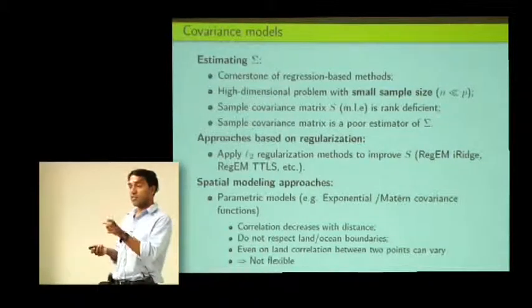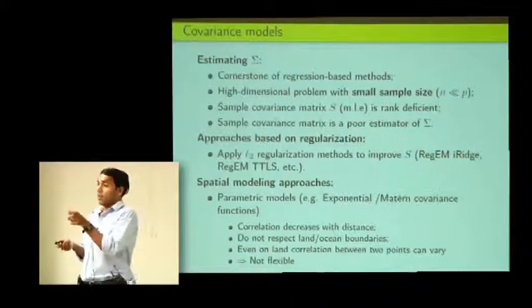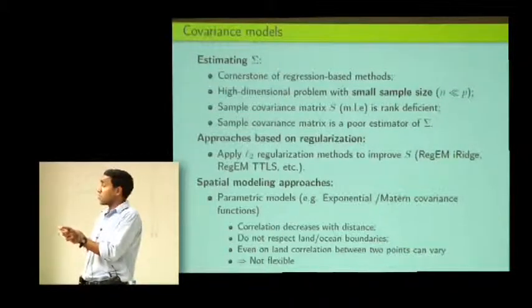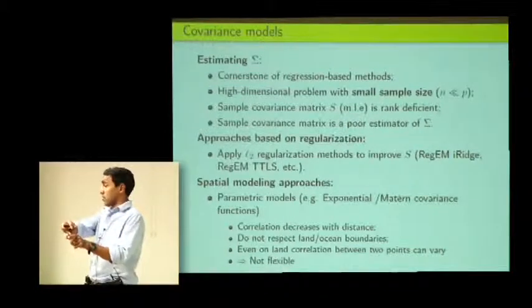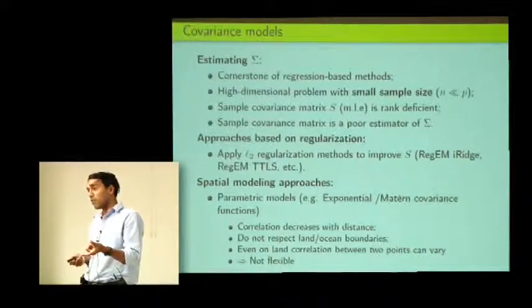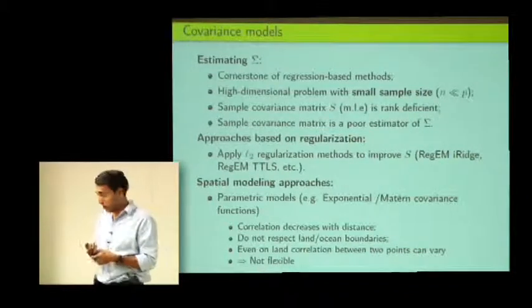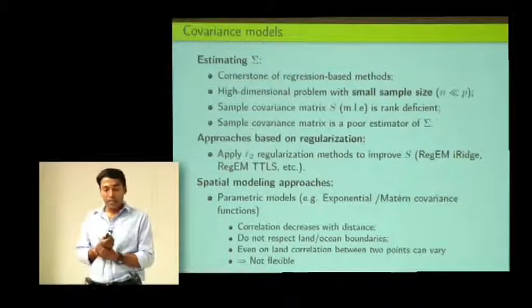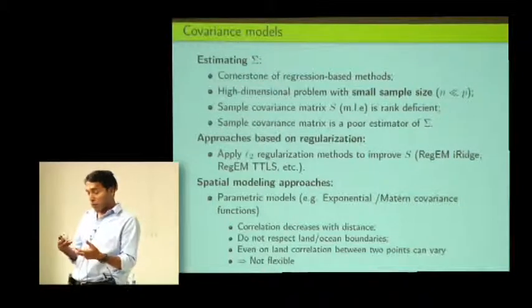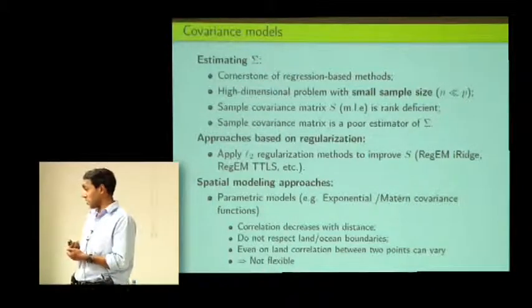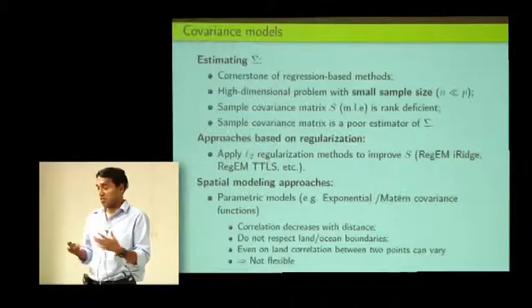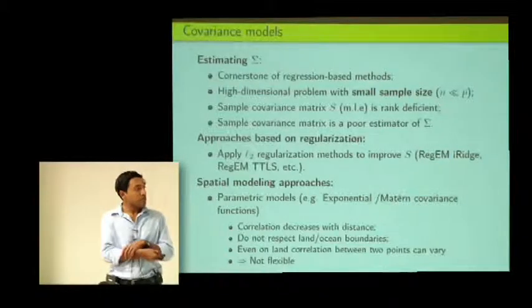Right? The correlation depends only on the separation between 2 points. But if the points go between land and ocean, then the correlation may differ. It was proposed by Tingley and Hybers, and that's one way to make sure that you only have a few parameters to estimate, just a covariance function with 3 or 4 parameters.